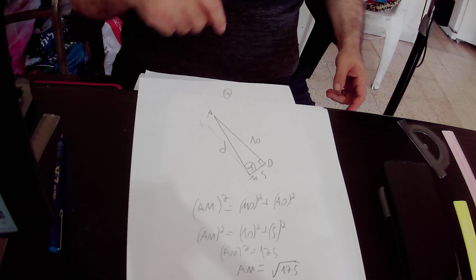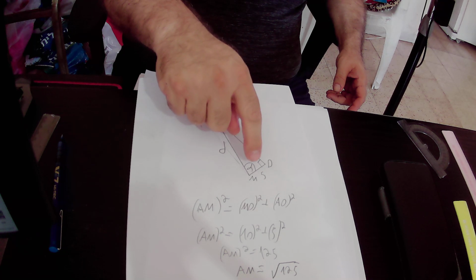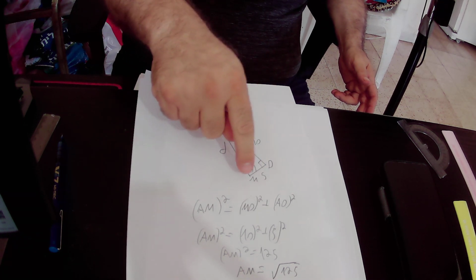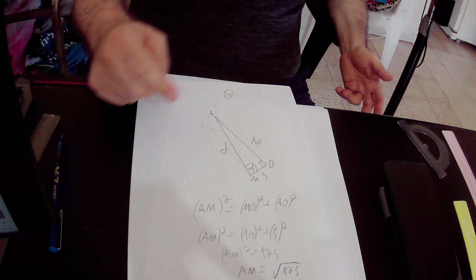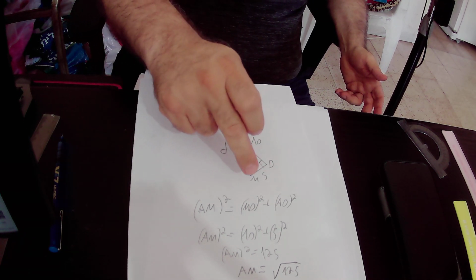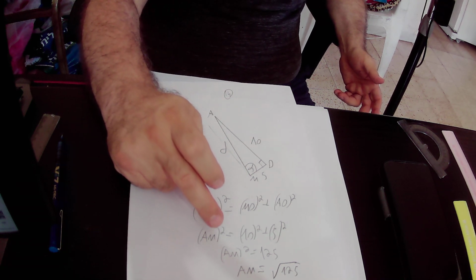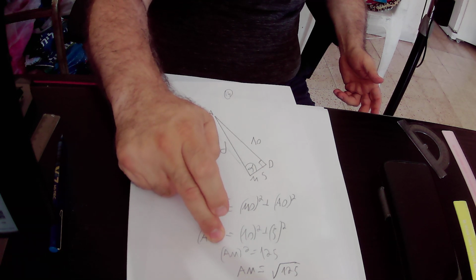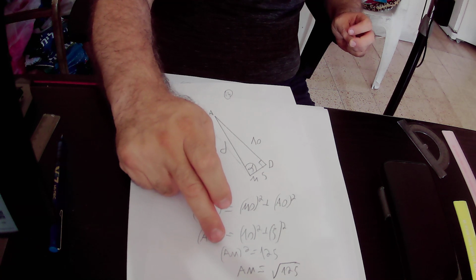But we know that AD equals 10 and MD equals 5, so we can substitute AD by 10 and MD by 5. Okay, so we put it in the equation, and we got that AM square equals 125, and we took a root out of this equation.